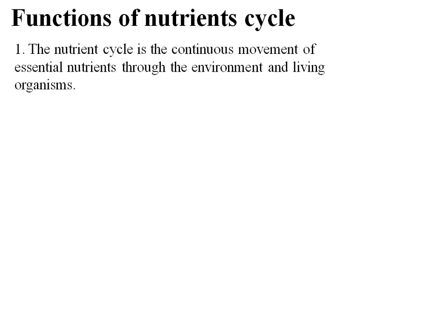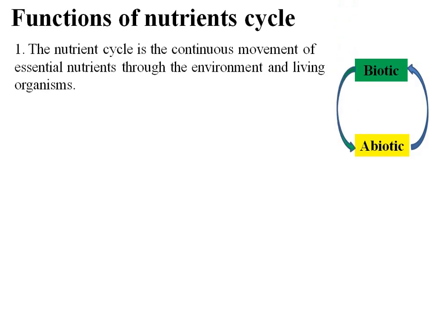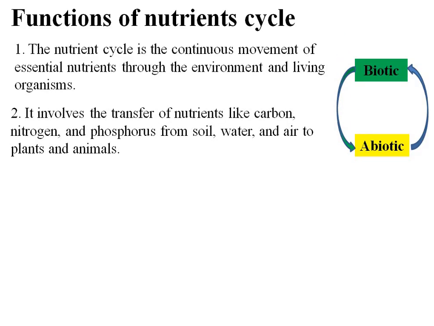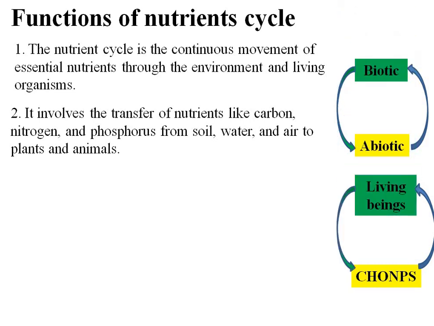Let us see the functions of nutrient cycles. The nutrient cycle is the continuous movement of essential nutrients through the environment and living organisms. From abiotic to biotic and from biotic to abiotic, the movement of elements takes place through the nutrient cycle. It involves the transfer of nutrients like carbon, nitrogen, and phosphorus from soil, water, and air to plants and animals. Carbon, hydrogen, oxygen, nitrogen, phosphorus, sulfur, these essential elements are moved into the living system through the nutrient cycles.